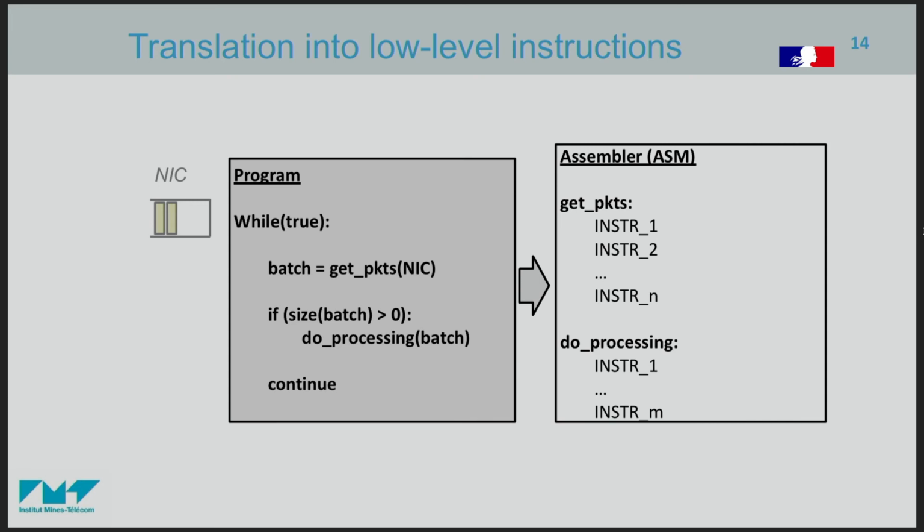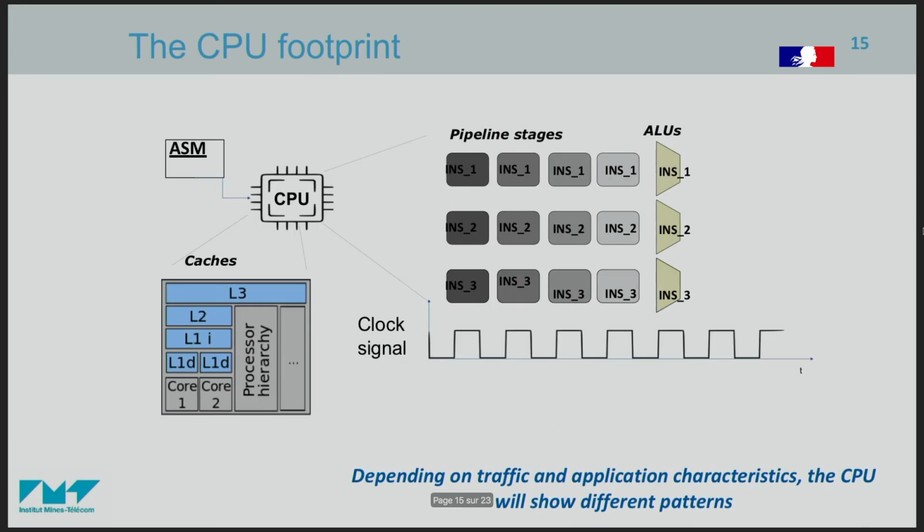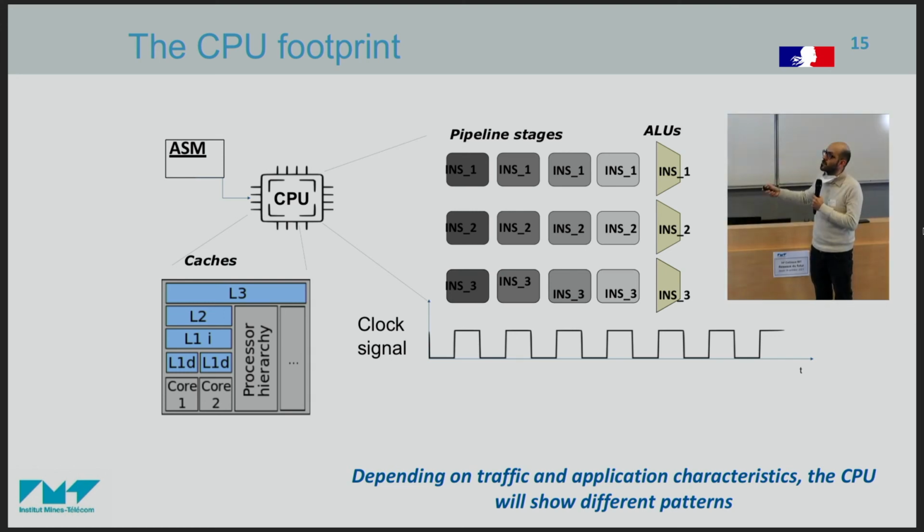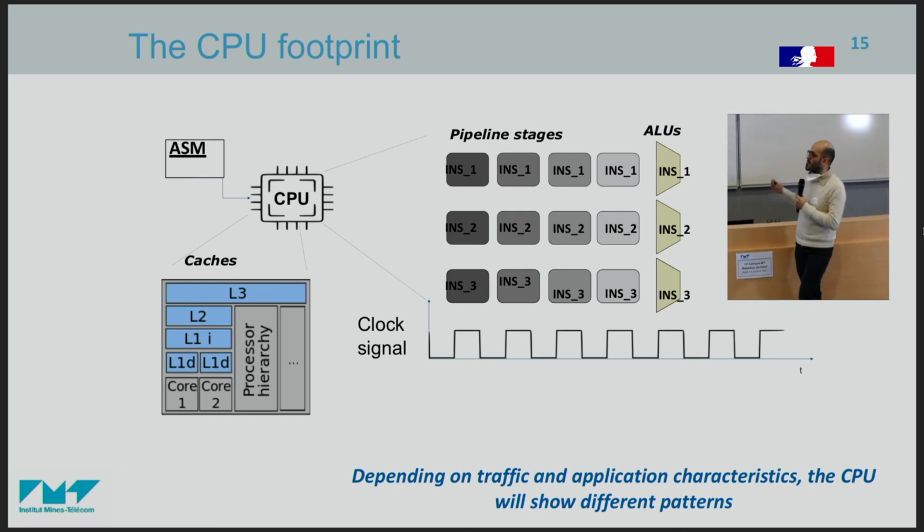And what happens is that the low-level instructions are executed following the clock signal. So if the instructions perform in a certain way, you can maximize the so-called instructions per clock cycle, because within a single clock cycle you may be able to execute several independent instructions. If the instructions, on the contrary, are dependent on each other, you may need to stall the pipelines and so lose CPU cycles.